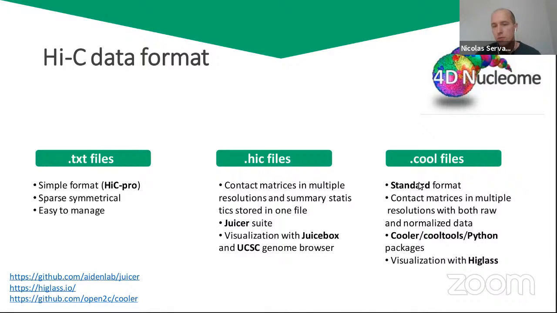The other one is the .cool file, which really tends to be the standard format for HiC data, because it's Python oriented, so you can easily load this file into Python and do the analysis by yourself. There are many Python packages that can handle these files, and they are compatible with HiGlass for HiC data visualization.